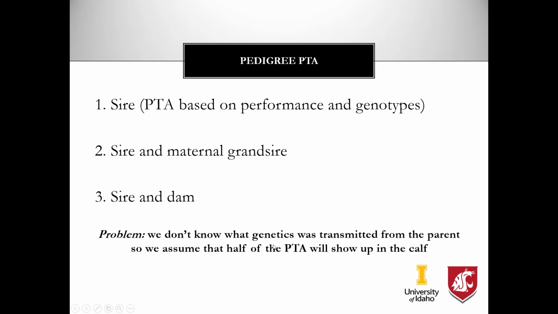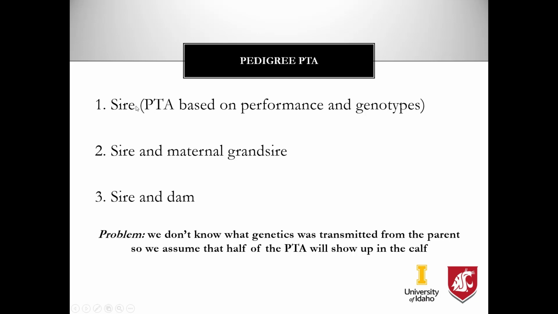When we look at pedigree, or the relatives of that animal's PTA, or predicted transmitting ability, sometimes people will just focus on the sire. And if we focus on the sire, that is oftentimes easy because that information is usually provided by the AI company that has information on the sires that we choose.